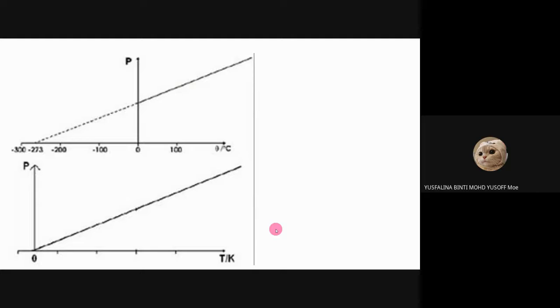Right, and then this is the graph. Okay, so it's just the same as the Charles law graph, just the axis is changed here. If it is P against theta in degrees Celsius, the graph should be increasing linearly. But if you extend the graph, it will cut the x-axis at negative 273.